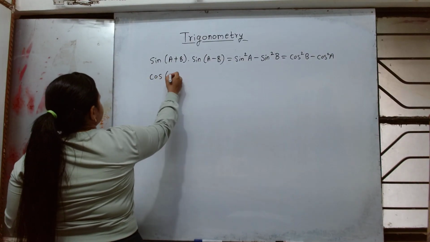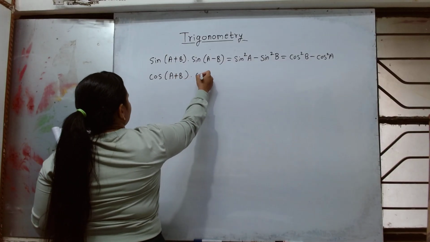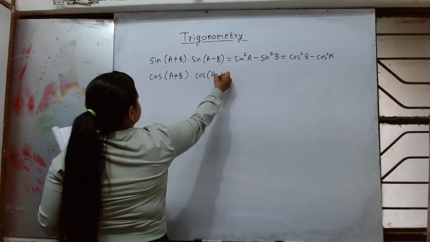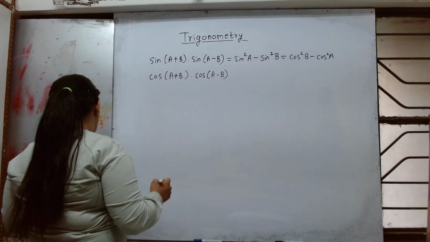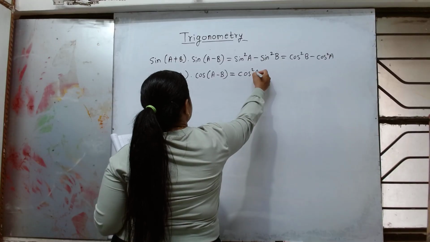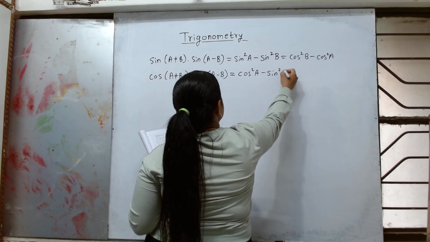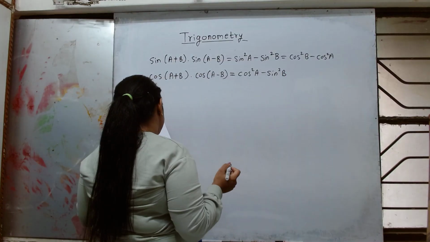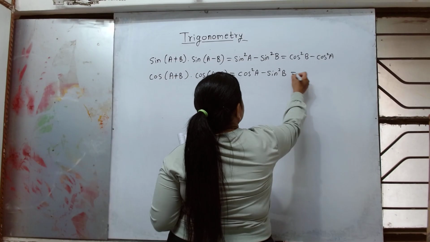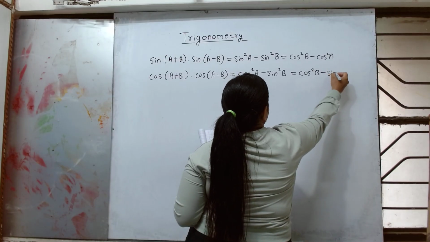For cos a plus b into cos of a minus b, it equals cos square a minus sin square b, and it is also equal to cos square b minus sin square a.